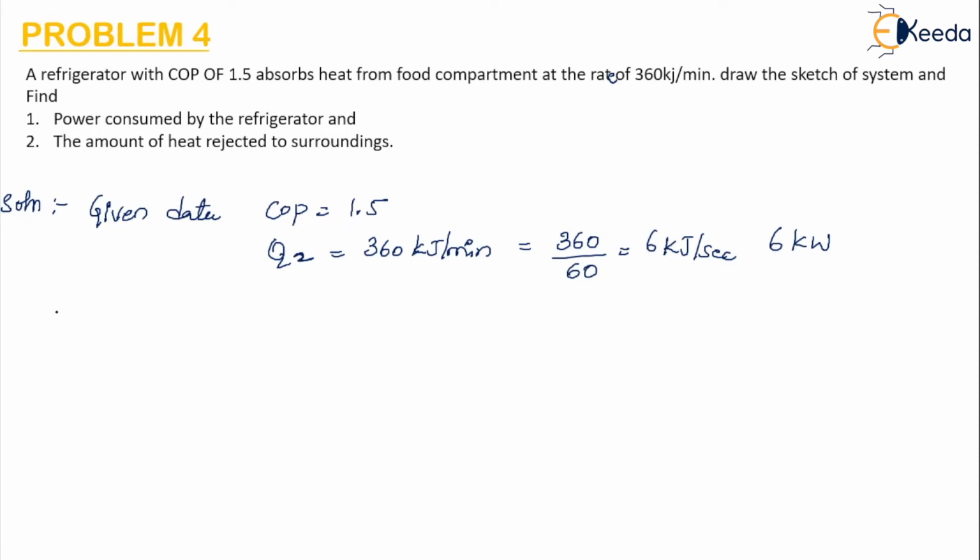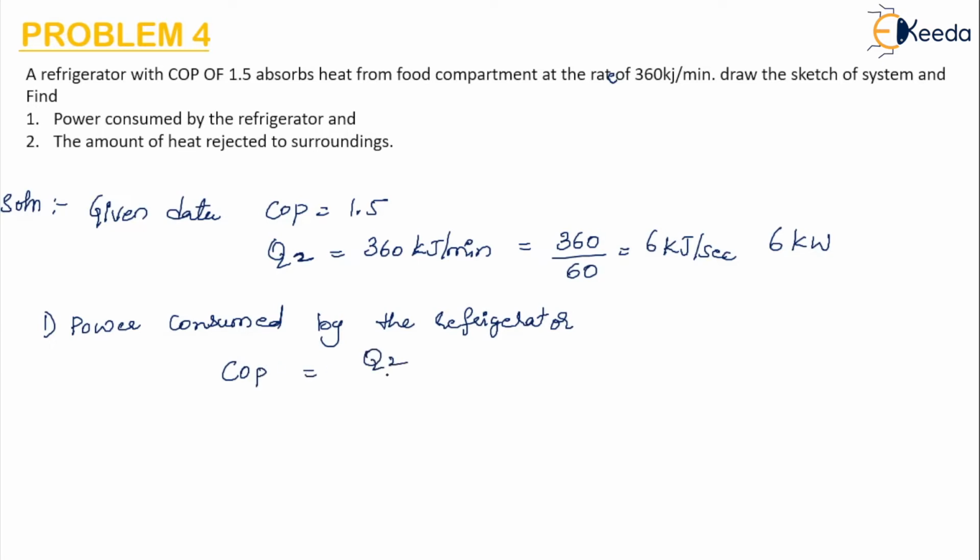Now the first thing which they are asking us to calculate is the power consumed by the refrigerator. So COP is equal to Q2 divided by Q1 minus Q2, or you can write it as heat QC divided by QH minus QC.